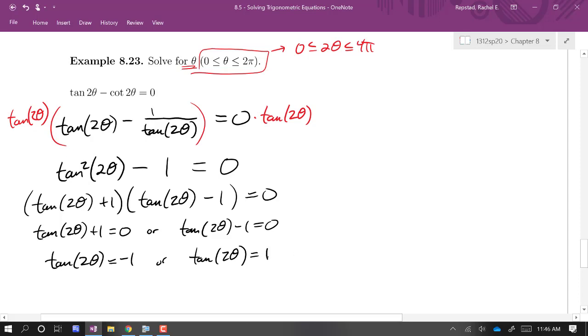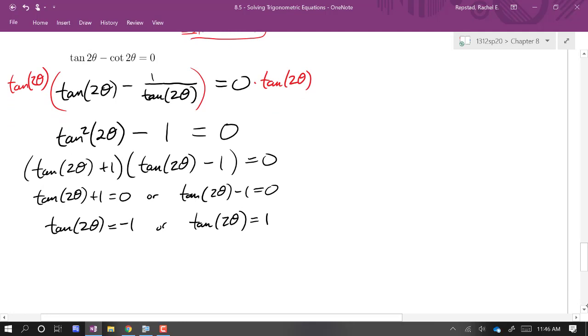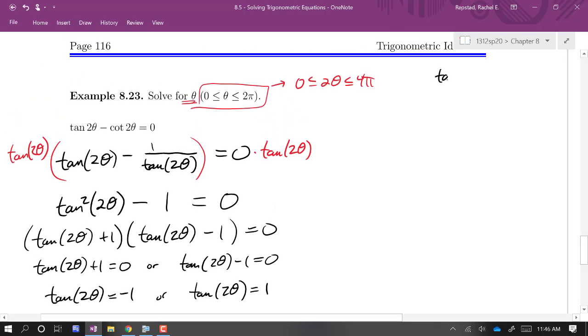So I just want to figure out where is tangent equal to 1, where is tangent equal to negative 1. We could do this using the arctan function, but remember that tangent is equal to sine over cosine. So the value of tangent will be 1 precisely when sine and cosine are equal to each other, and it will be negative 1 when sine and cosine are equal but have different signs.